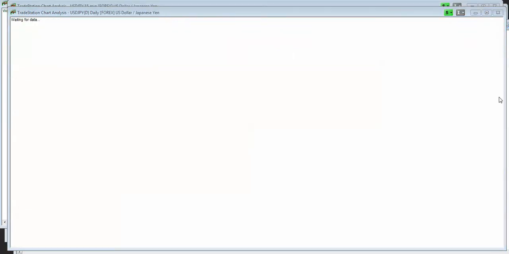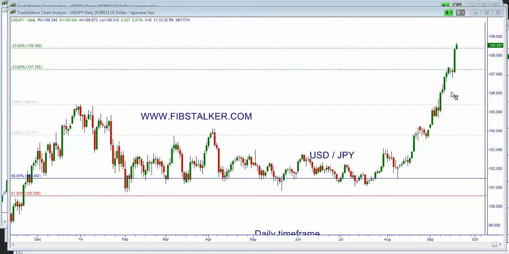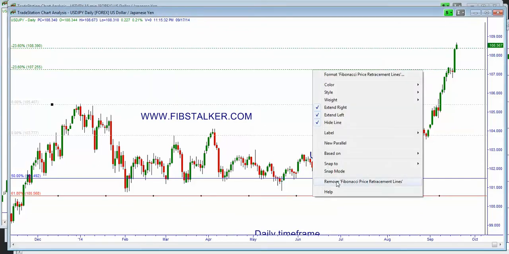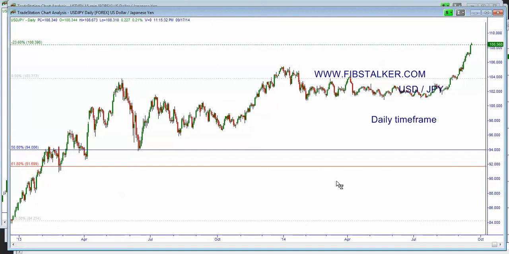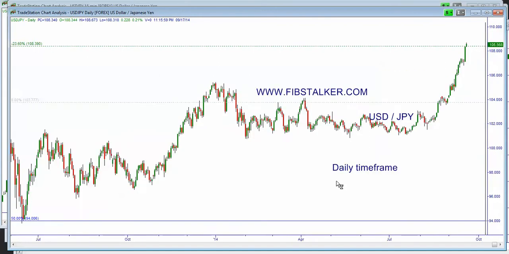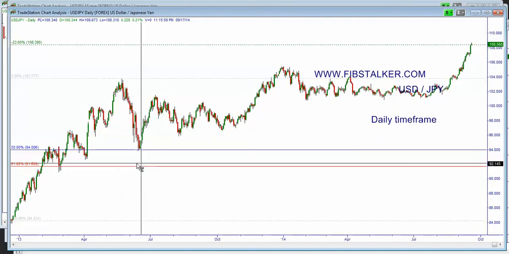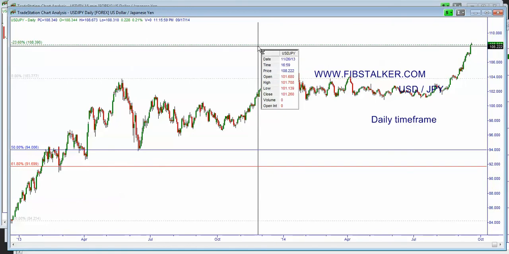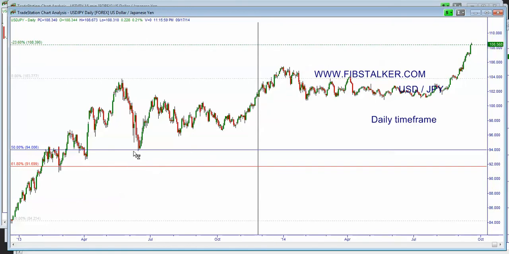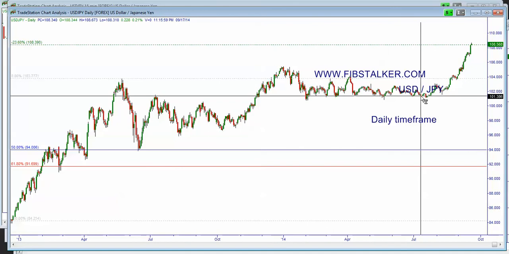Moving to the Japanese majors, US dollar versus Japanese yen is the first one. This market is continuing higher in extensions, and I can now also remove this daily time frame move, because as you can see, the market touched the first target 108.39 from this area in the 94 area, and that's what I actually mentioned at the beginning of August.